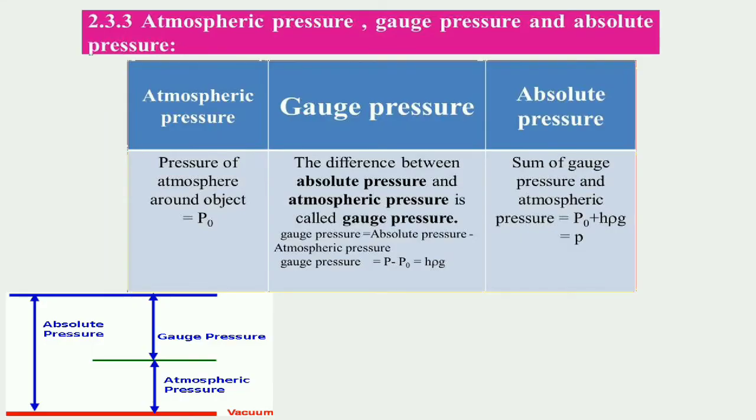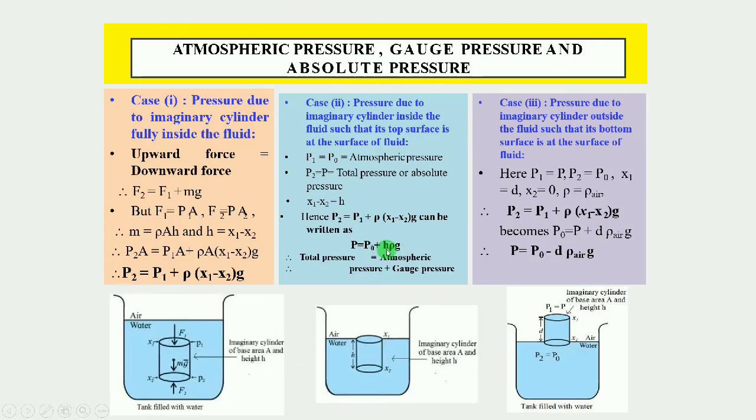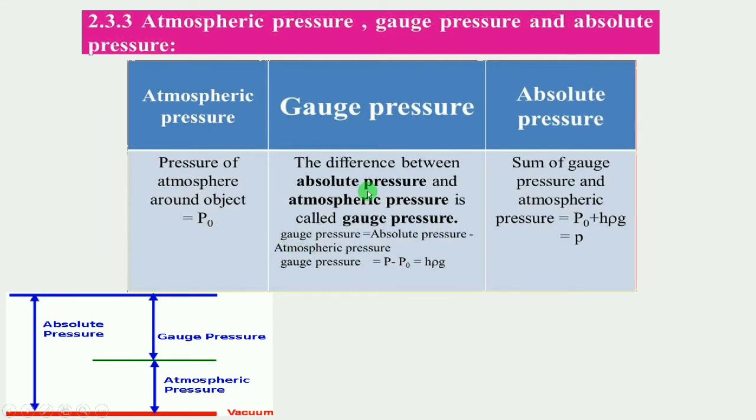Okay, now here next, same thing: atmospheric pressure is nothing but the pressure of the atmosphere, denoted by P0. Gauge pressure is nothing but the difference between absolute pressure and atmospheric pressure. You can see here, this is gauge pressure, this is gauge pressure. So gauge pressure is the difference between P2 minus P1, that is, the difference between absolute pressure and atmospheric pressure.